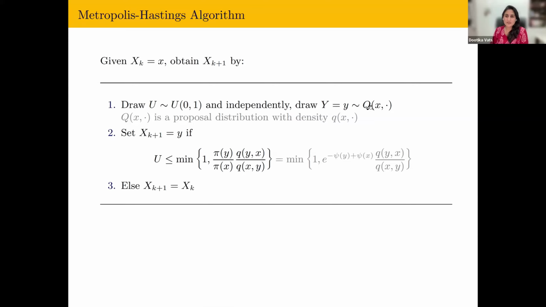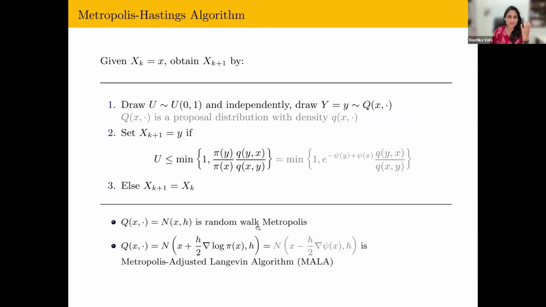Of course, the effectiveness of a Metropolis-Hastings algorithm is almost completely determined by the choice of proposal. The common default is the random walk proposal, where q is a Gaussian centered at x with some variance h that we might tune.